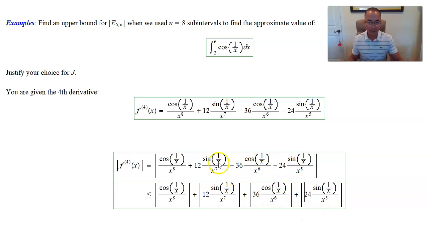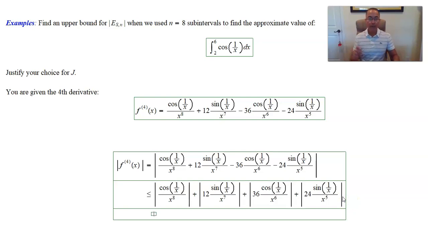Let's take a pause to look at what we've done. We have broken up this single absolute value into 4 absolute values. All the minuses, the 2 minuses, are gone, turned into plus because of the triangle inequality. Okay?